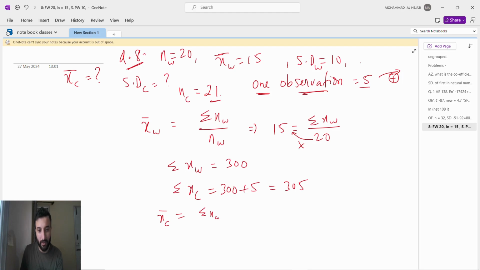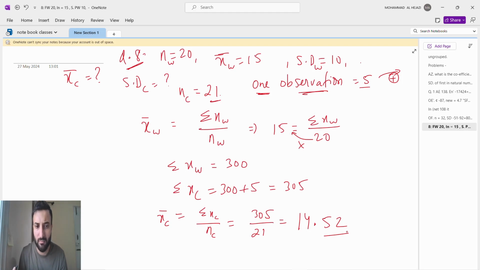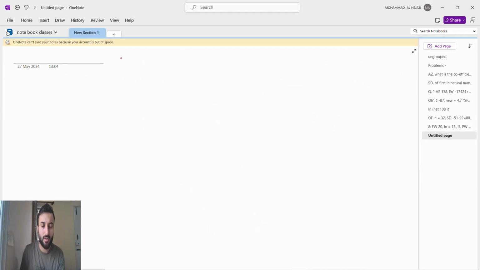Correct mean is correct sum divided by correct n. 305 divided by 21 is 14.52. Same method. Next we have to find the standard deviation.